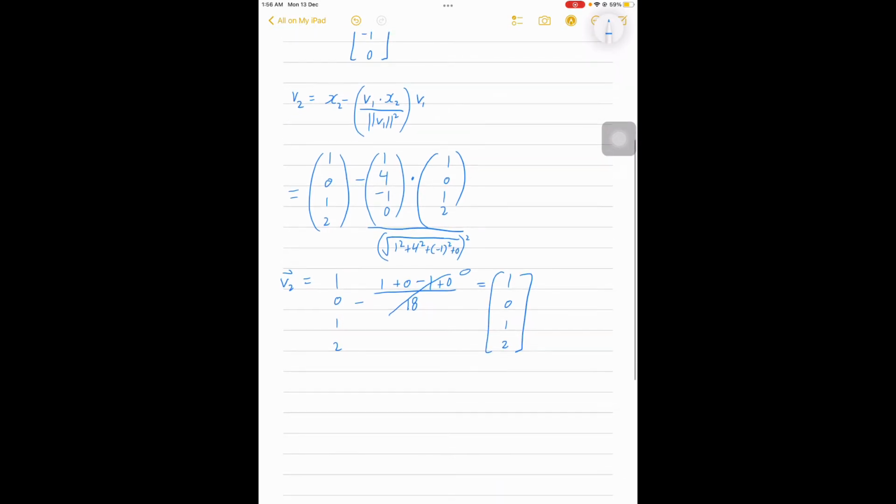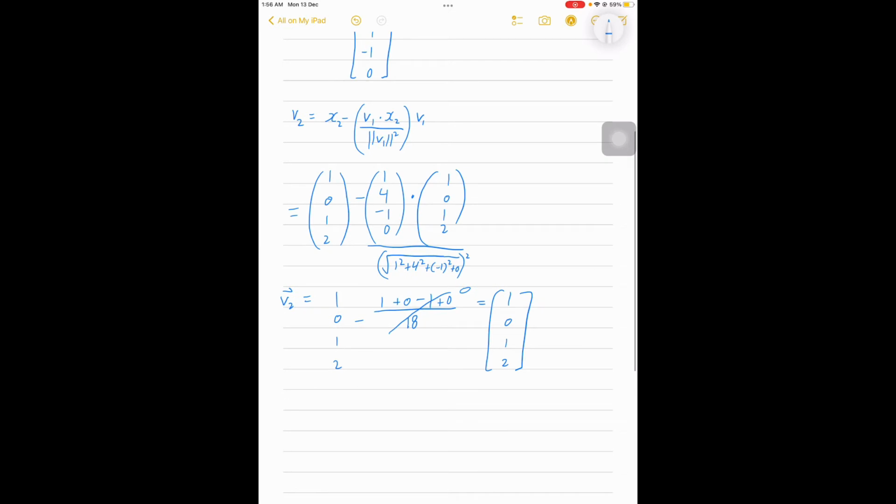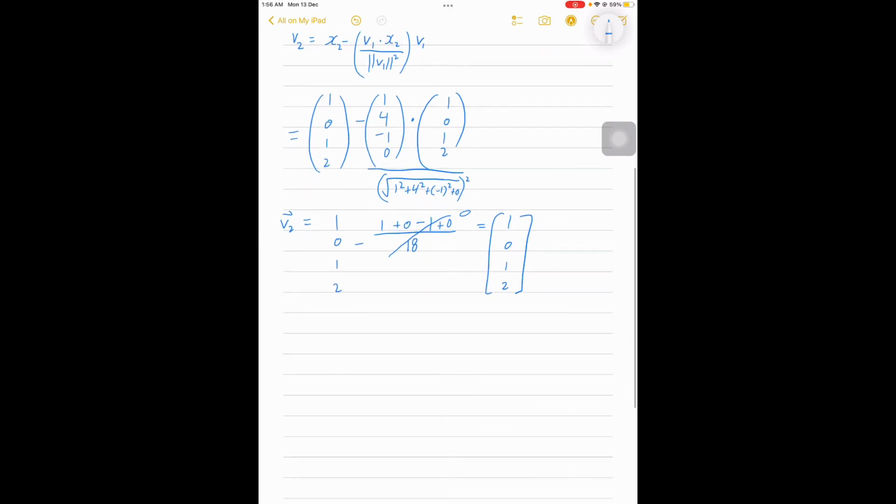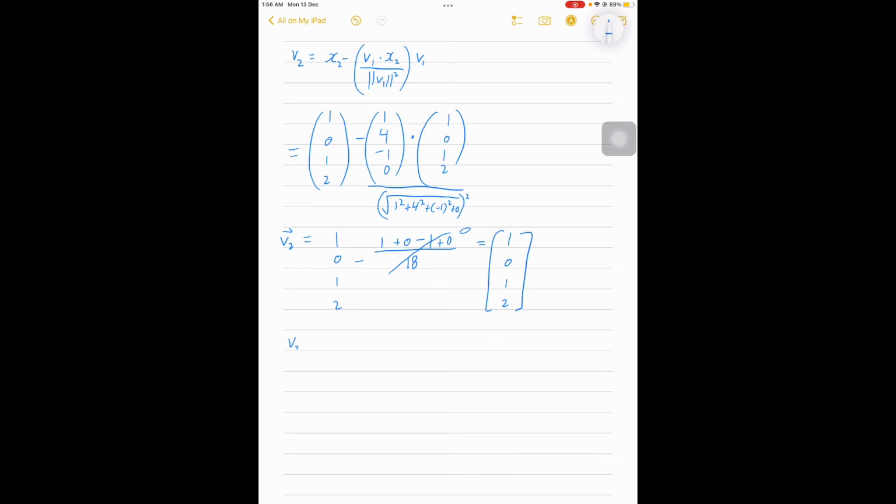Now for v3, you do the same thing, but you add on. So v3 is equal to x3 minus v1 dot x3 over v1 magnitude squared times v1 plus v2 dot x3 over v2 squared times v2.